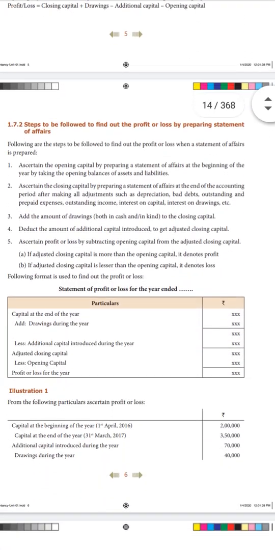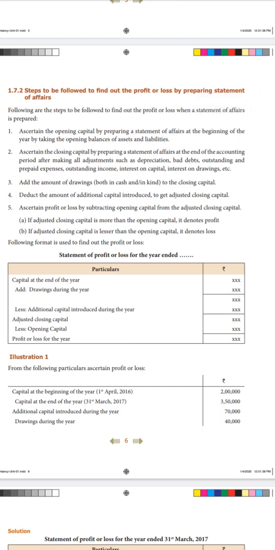Then we'll see the steps to be followed to find out the profit or loss by preparing the statement of affairs. You have a format of the statement of affairs here. These are the five steps to be followed. First, we need to ascertain the opening capital by preparing the opening statement of affairs. Second, we need to ascertain the closing capital, again by preparing a statement of affairs with the closing balances, and any adjustments are also to be shown while preparing the closing statement of affairs.